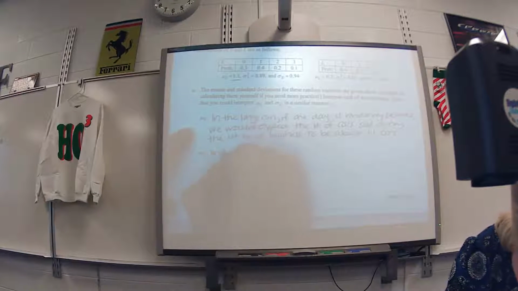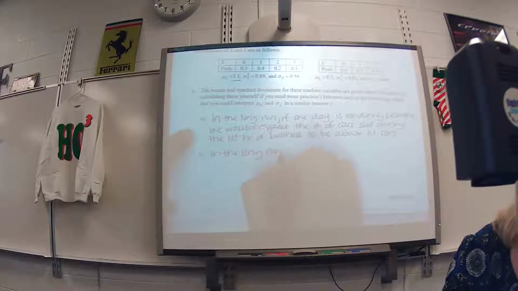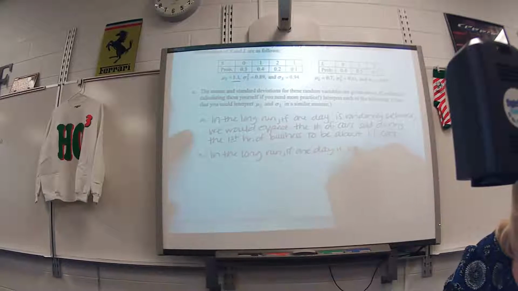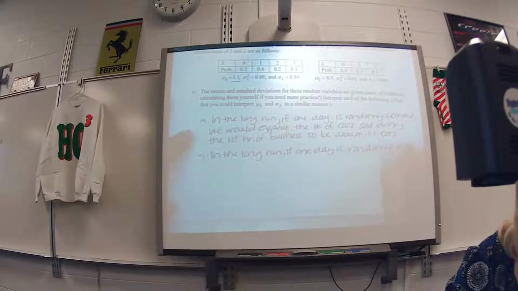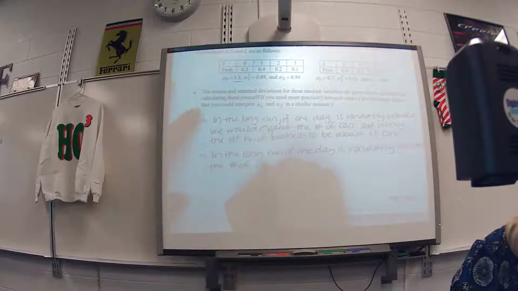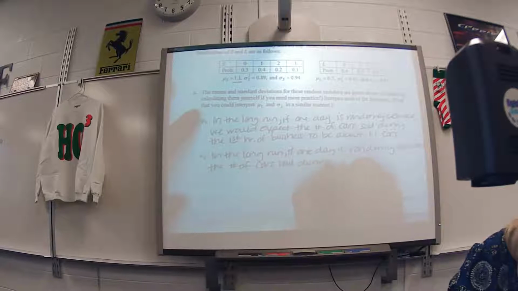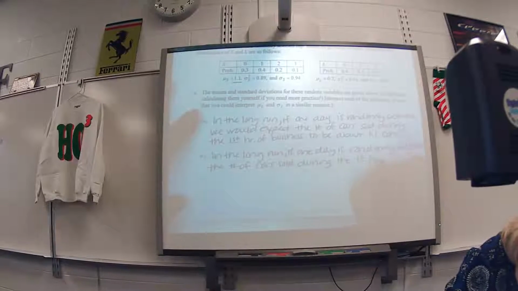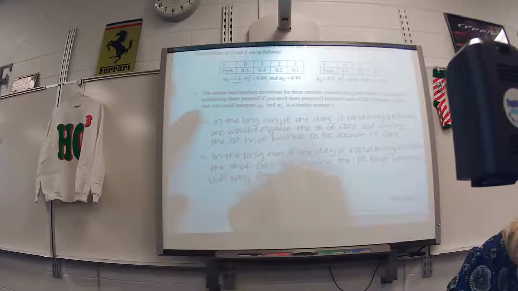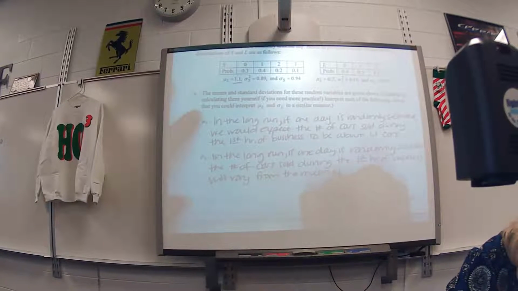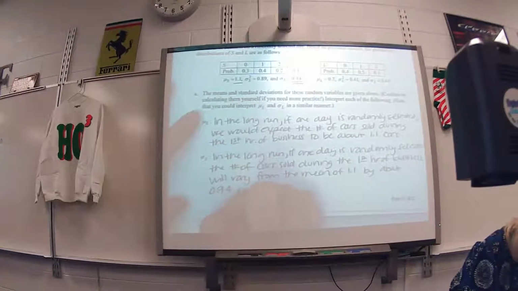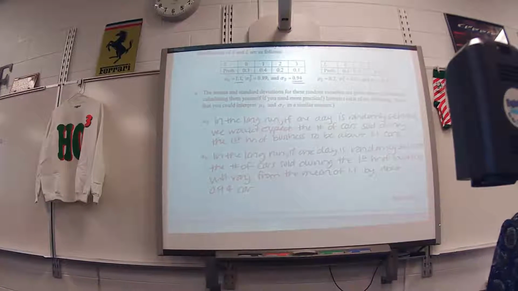In the long run, if one day is randomly selected, the number of cars sold during the first hour of business will vary from the mean of 1.1 by about 0.94 car. 94/100ths of a car.